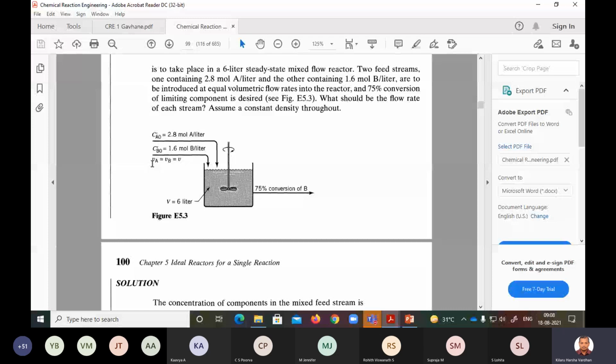You have an equal volumetric flow rate of A and B, so VA equals VB equals V, whatever it is. For this, 75% conversion of B, the limiting component, is desired. What should be the flow rates? That is what he is asking you.